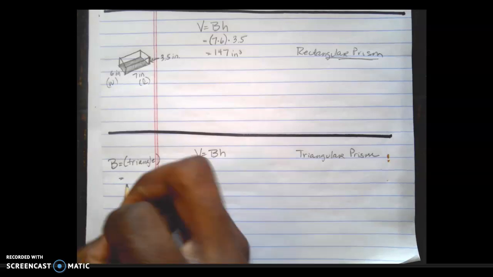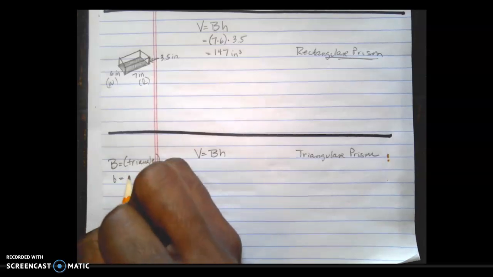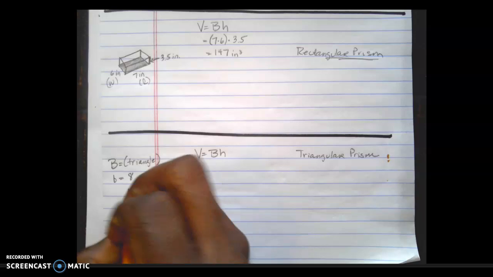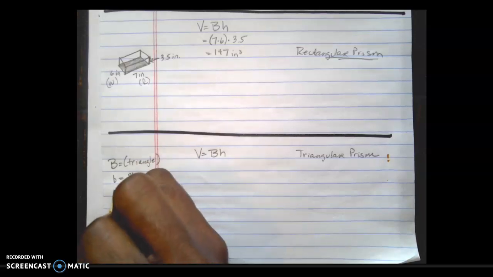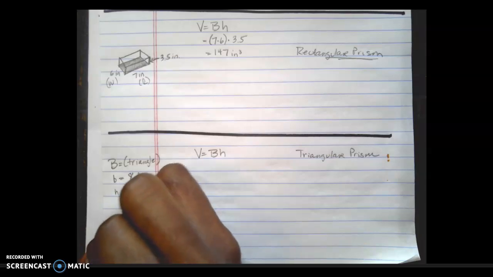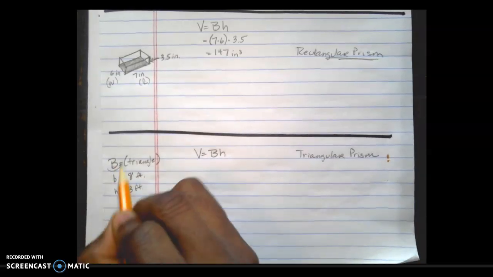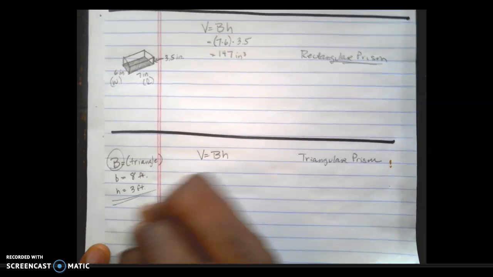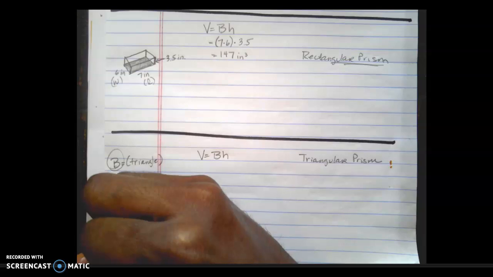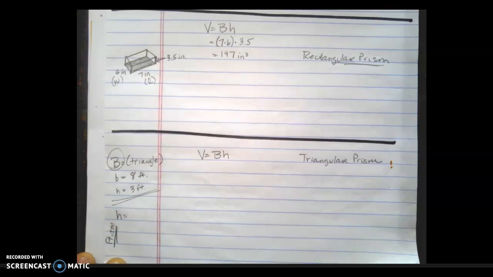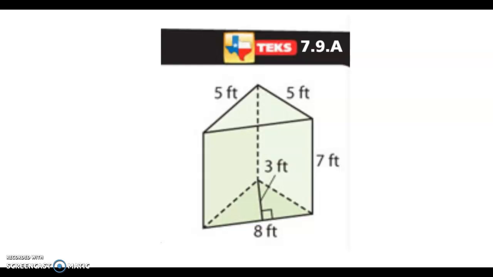And the dimensions of that triangle were, for the base, 8 feet. The height of that triangle was 3 feet. That's for little b. And then the height of the overall prism, I'll switch back over so you can see that, was 7 feet.